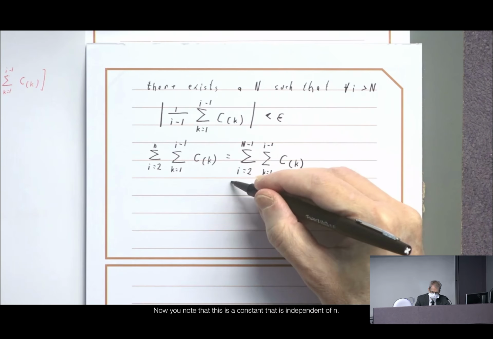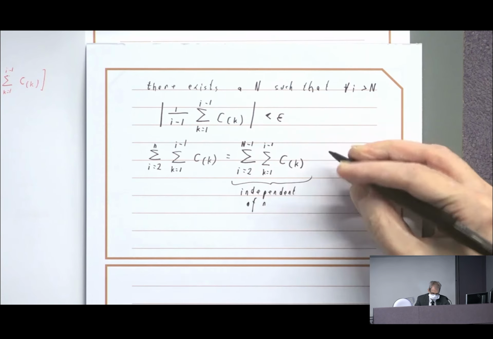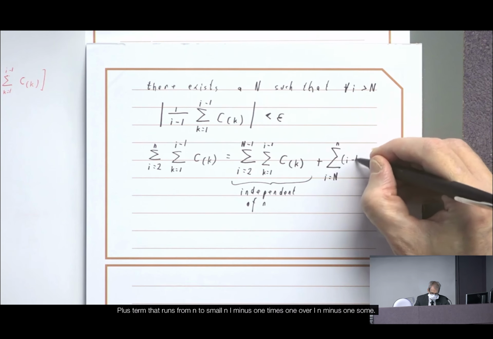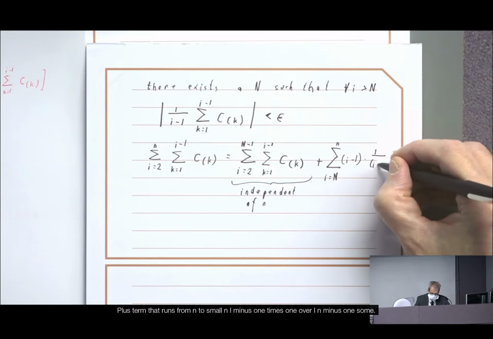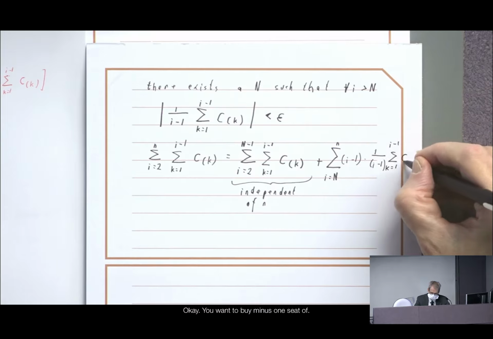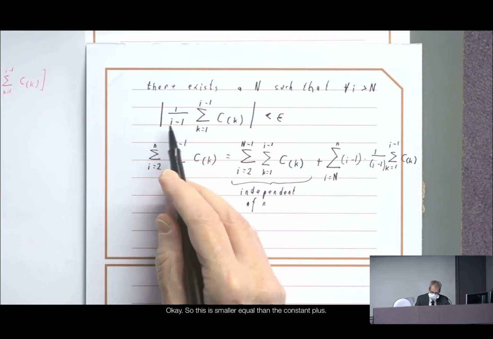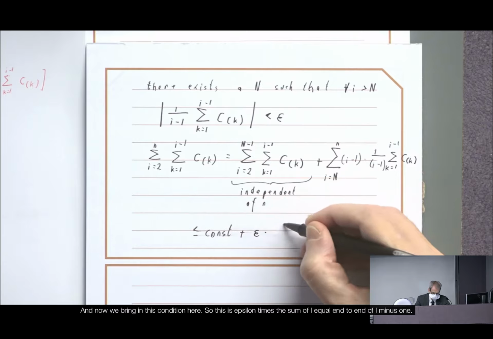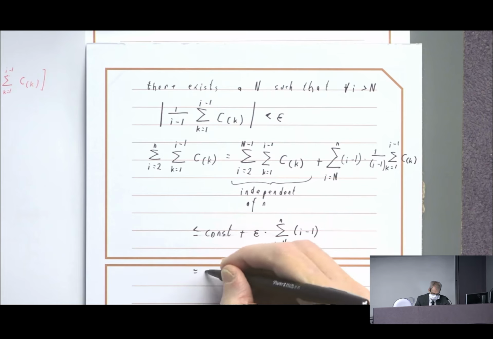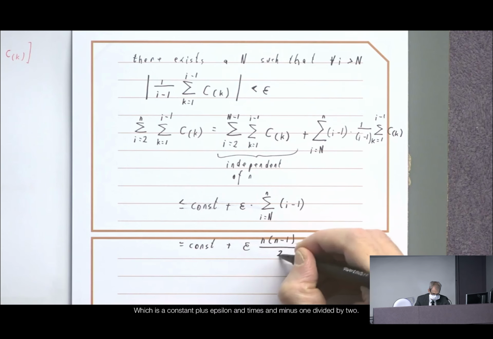Now, you note that this is a constant that's independent of n, plus a term that runs from N to small n, i minus 1 times 1 over i minus 1, sum k equal 1 to i minus 1, c of k. So this is smaller or equal than a constant, plus, and now we bring in this condition here, epsilon times the sum of i equal N to n of i minus 1, which is a constant, plus epsilon of n times n minus 1 divided by 2.